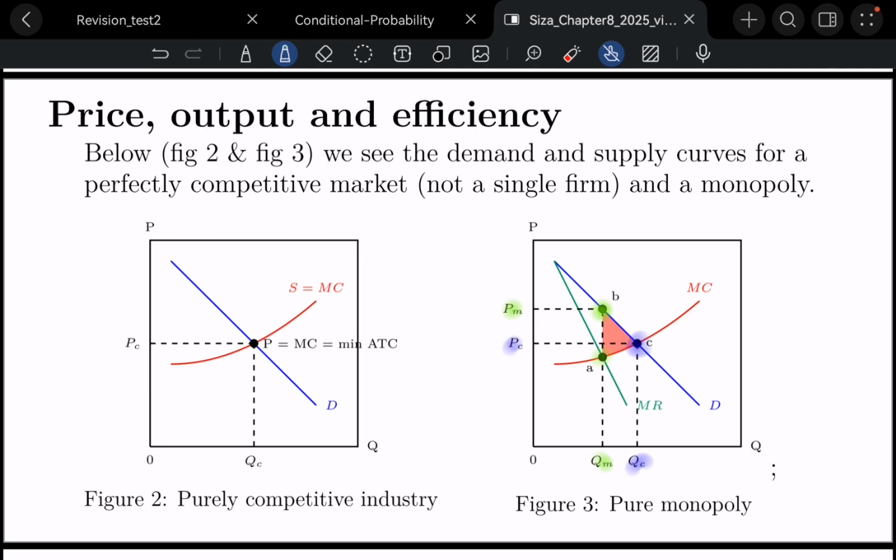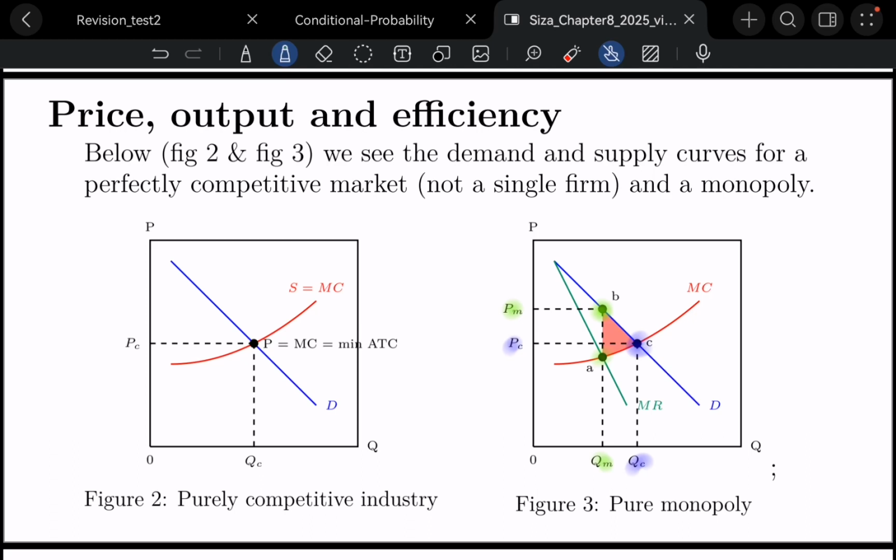It's neither producer surplus nor consumer surplus, so no one receives that red area, and that's a deadweight loss. So with regards to efficiency, in a perfectly competitive market, there's no efficiency loss, but with a monopoly, there's an efficiency loss. In our case, the size of that efficiency loss is the size of the triangle ABC. So there's an efficiency loss, a deadweight loss.